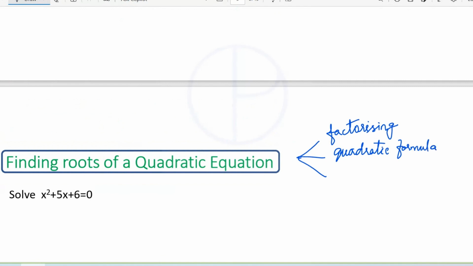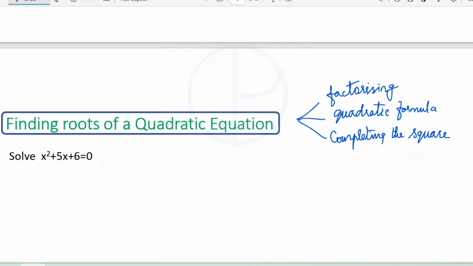And the third one is by completing the square method. Now let us consider this quadratic equation, x square plus 5x plus 6 equal to 0. I hope you are familiar with all these three methods.